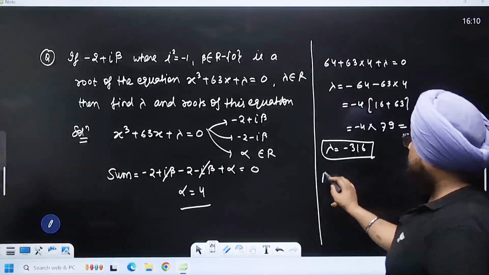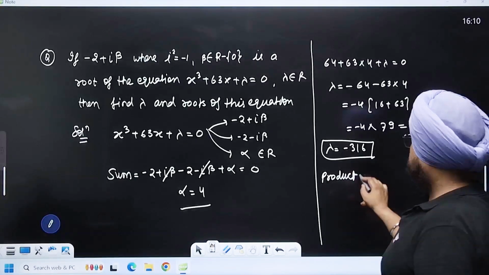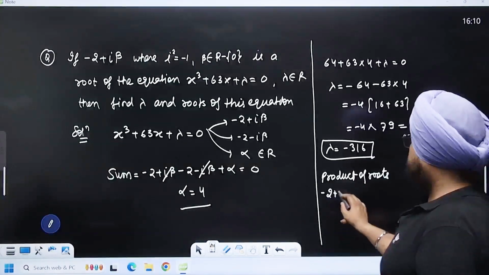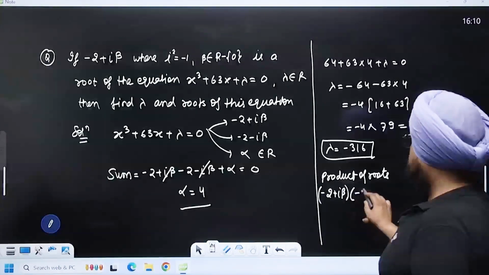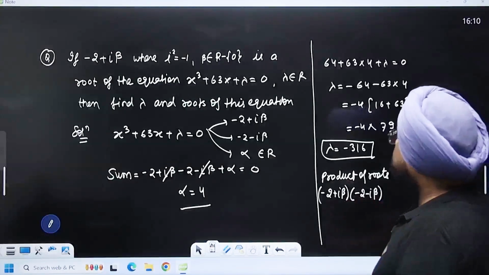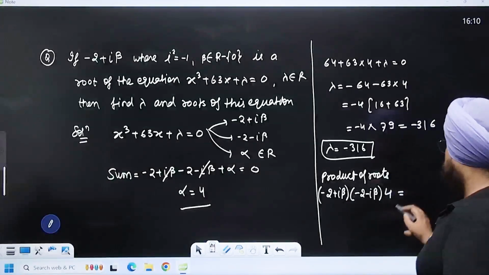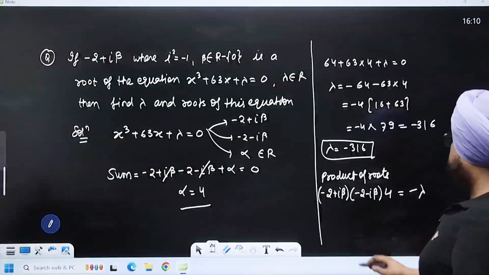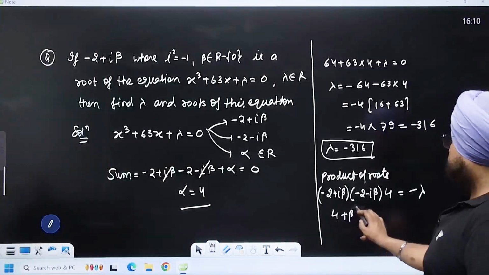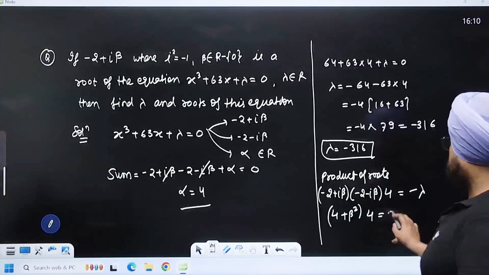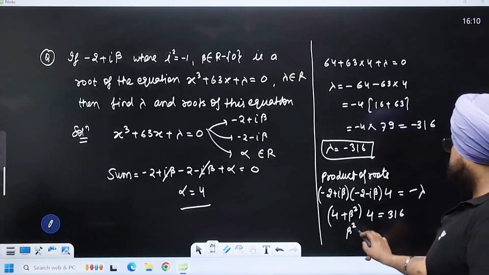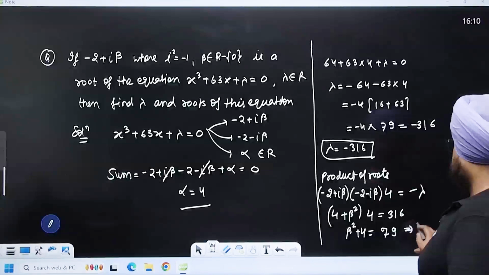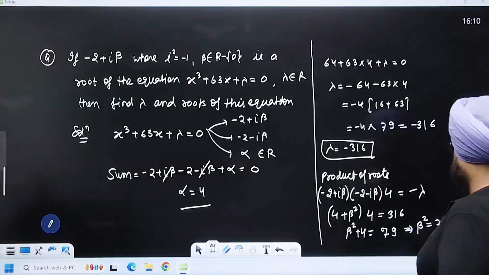Now product of roots: minus 2 plus iβ, minus 2 minus iβ, and α is 4, is equal to minus d by a, that will be equal to minus λ. 4 times (4 plus β square) is 316, so β square plus 4 is 79, so β square is equal to 75.